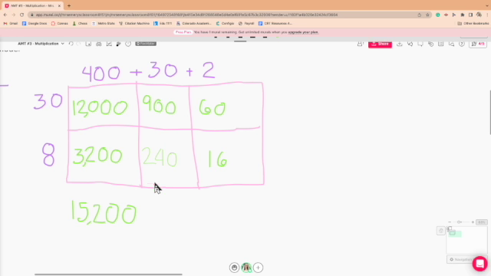Then I'm going to do these two numbers together, which is 900 plus 240. So we know that 0 plus 0 is 0. 0 plus 4 is 4. And 9 plus 2 is going to be 11.